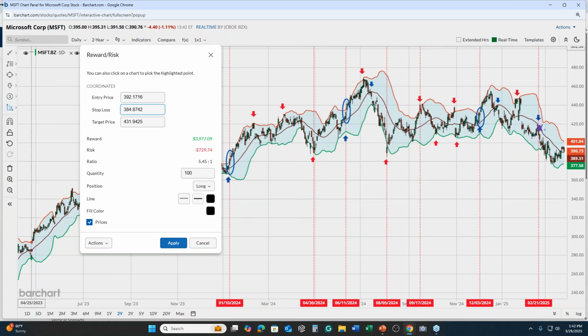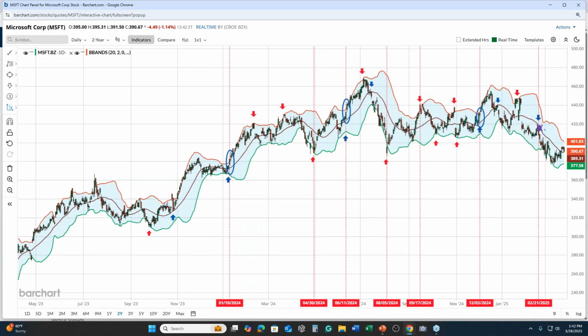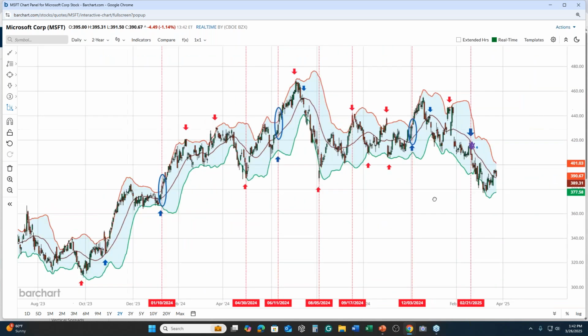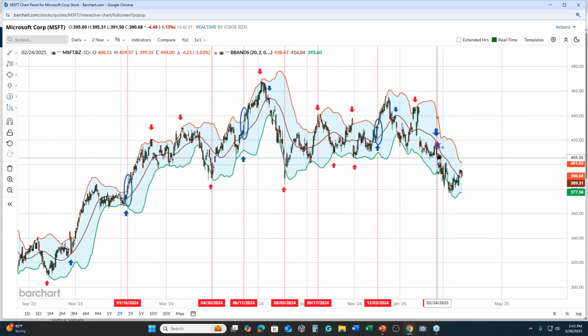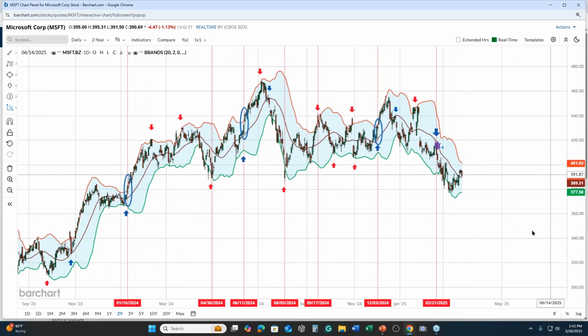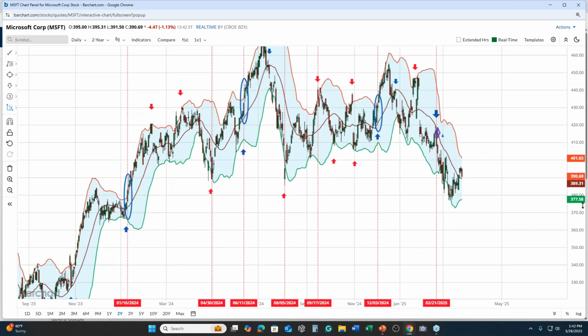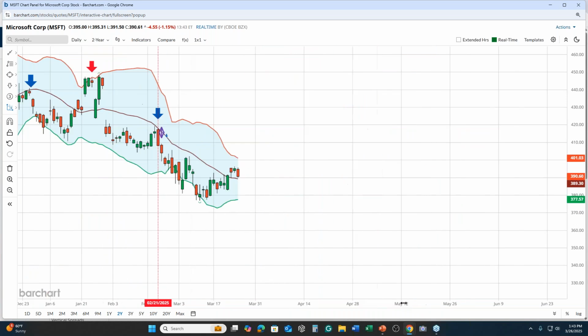Okay, so let's go back to Microsoft, and I want to show you a particular trade that happened back in February. And here it is right here. Look at this from the perspective of trend analysis.